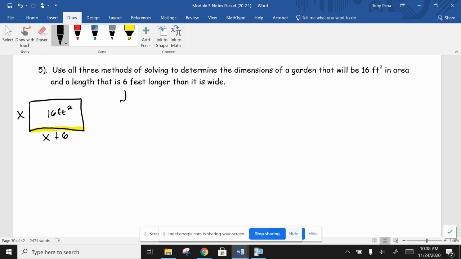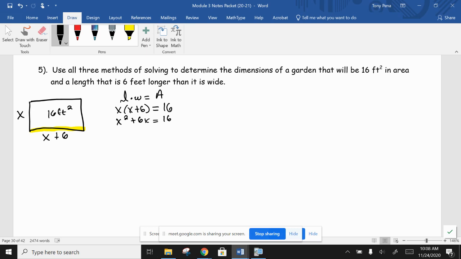And then it's all with the idea that the length times width is equal to your area that you know. So we now take our length and our width, so the x and the x plus 6. When we multiply those 2 things together, we want them to equal 16. We can then distribute: x times x would give us x squared, x times 6 would be 6x, and that's going to equal 16.